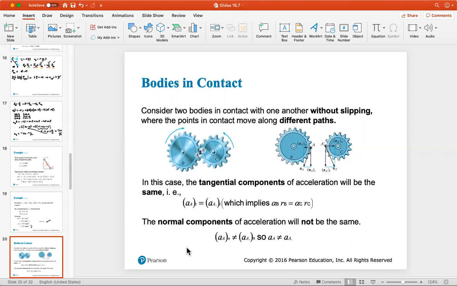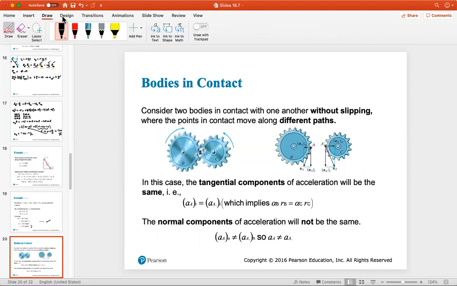That contact point, without slipping, forces their tangential velocities to be the same at that point. It also forces their tangential accelerations to be the same at that point. But that doesn't mean that the normal accelerations are the same at both points. That was the question from the quiz that they were getting at.